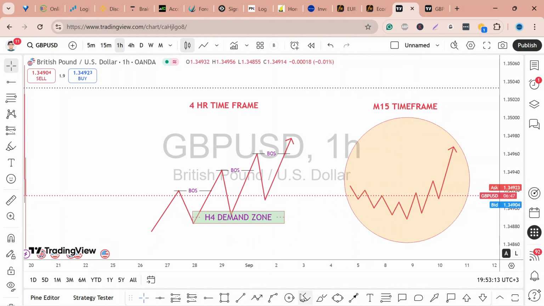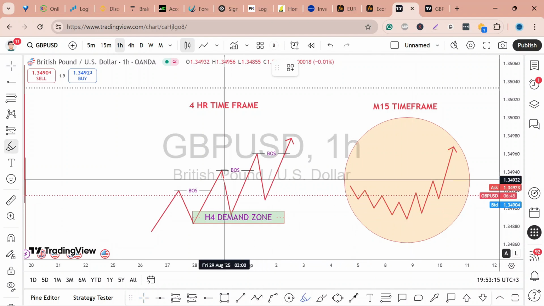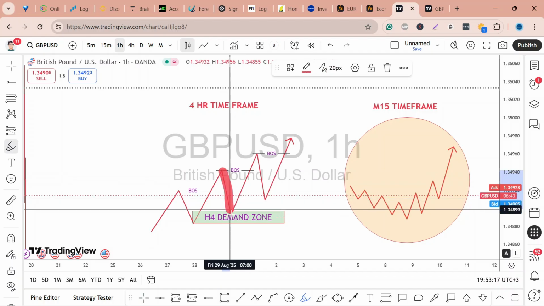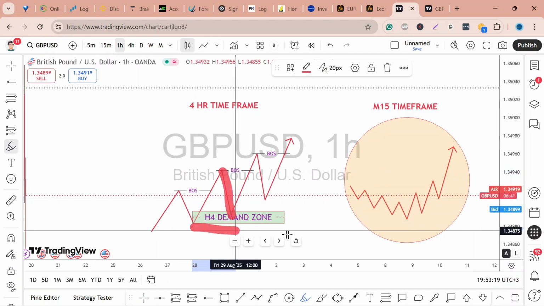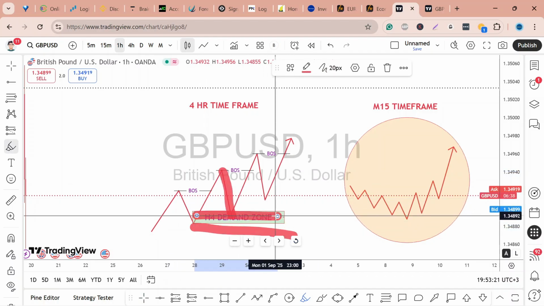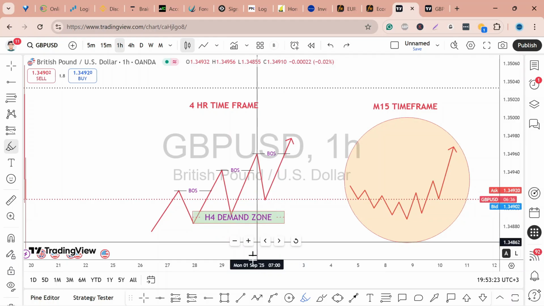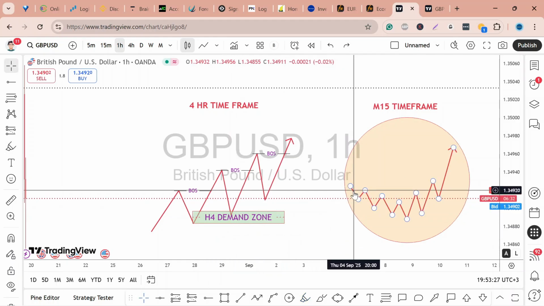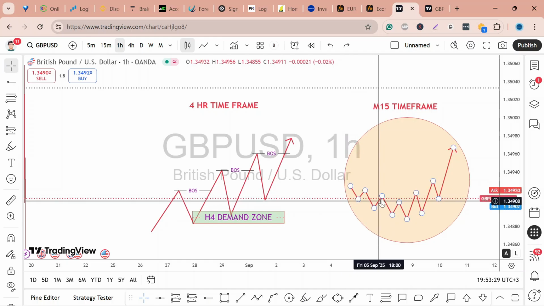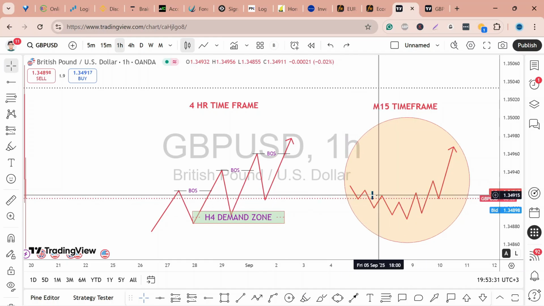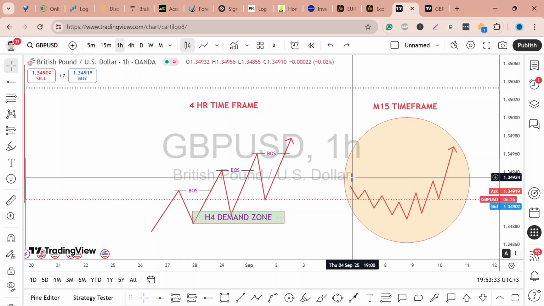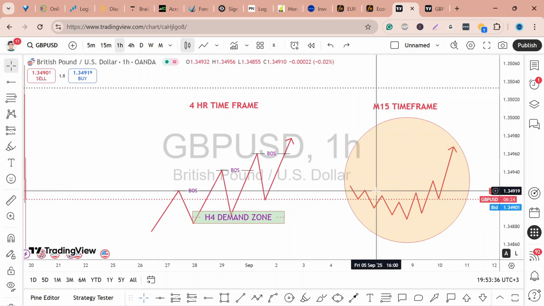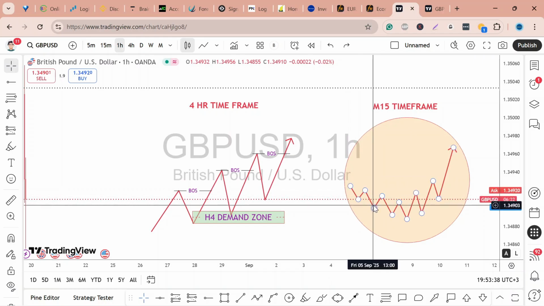Now, on the lower time frame specifically, you want to focus on this pullback as the market approaches the 4-hour demand zone. And this is the kind of setup that you will be looking for in the lower time frame. You'll be looking for the market making lower highs and lower lows. Most people will even confuse this as a change of trend, simply because it's happening on the lower time frame.